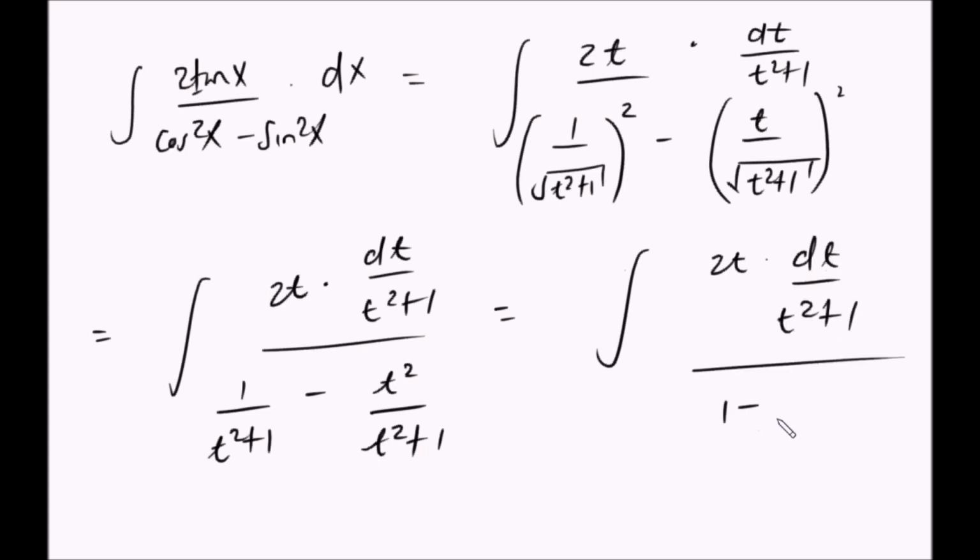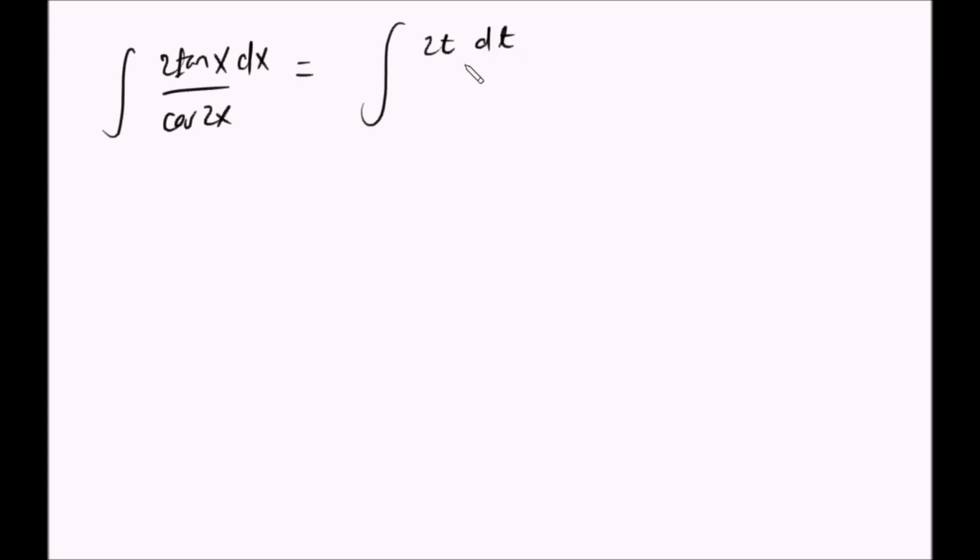Hapa chini tutakuwa tuna 1 minus t squared over t squared plus 1. So t squared plus 1, t squared plus 1, bye bye. So finally, hii sasa 2 tan x dx over cos 2x, kumbe ni integral ya 2t dt over 1 minus t squared if we let t is equal to tan x.